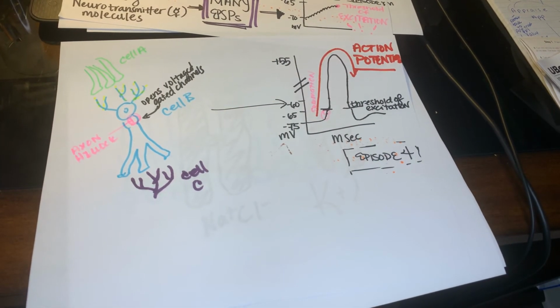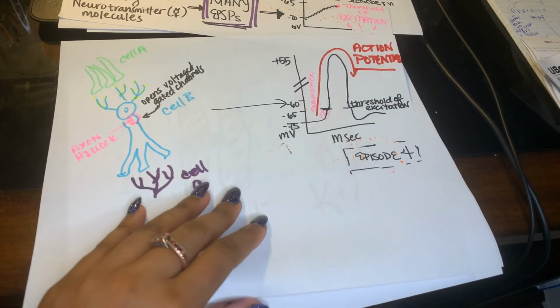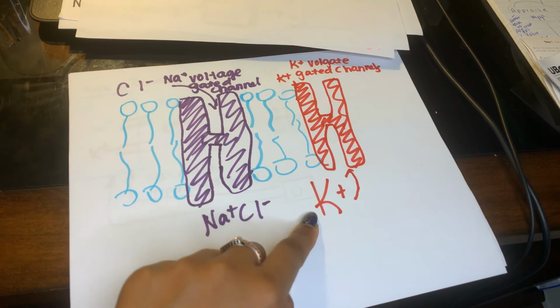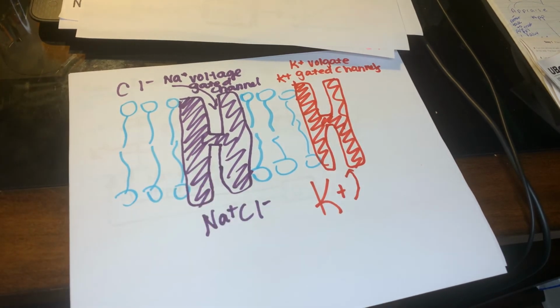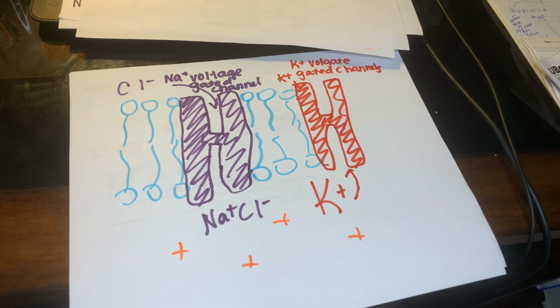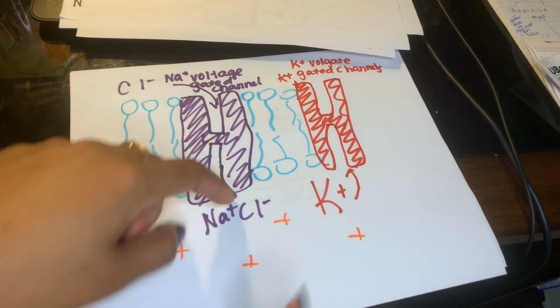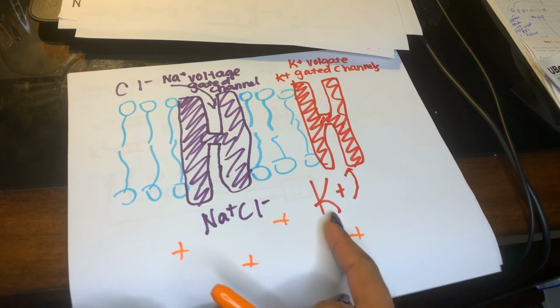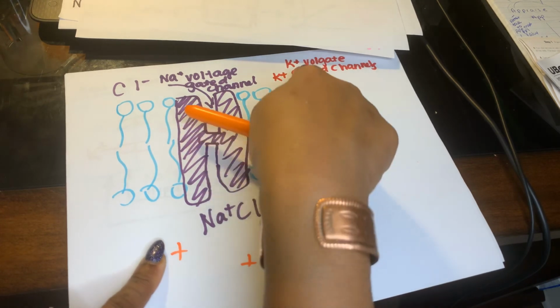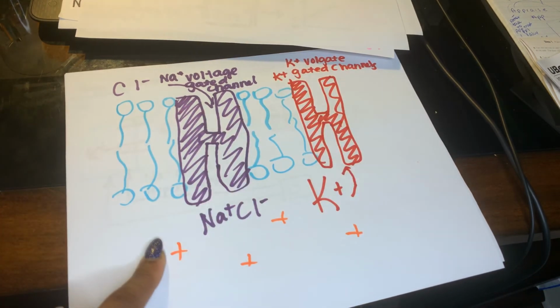Since the cell now is very positive, the potassium inside the cell is now very, very positive. Like charges repel each other, so the potassium will leave or exit out of the cell.